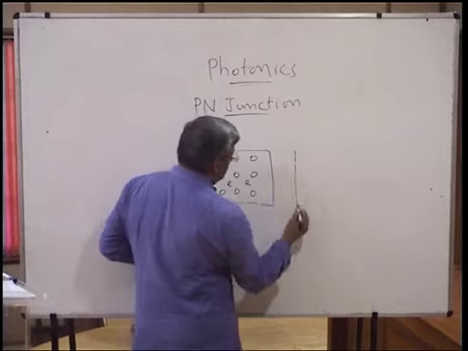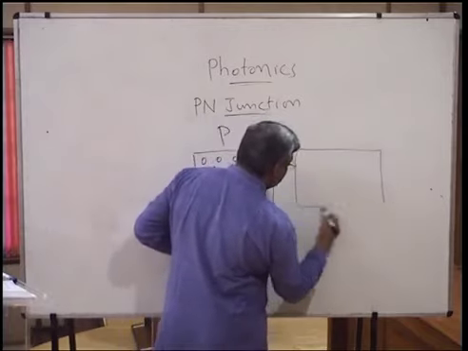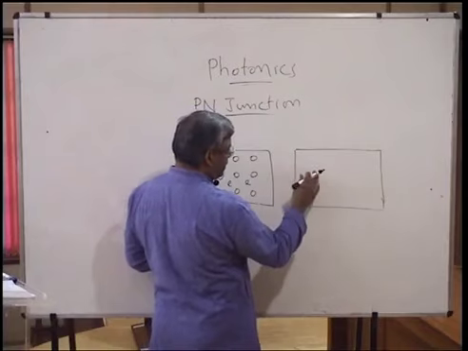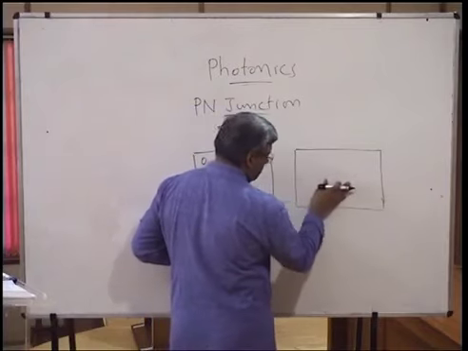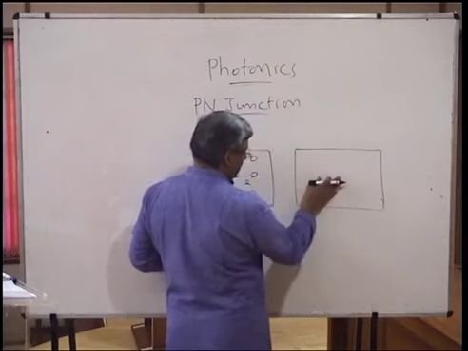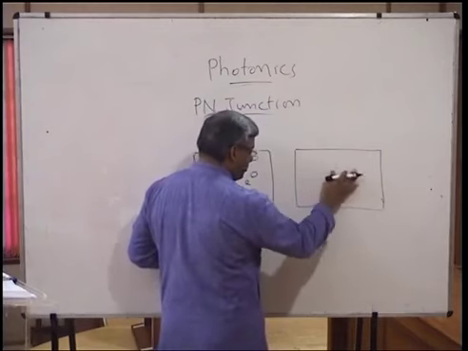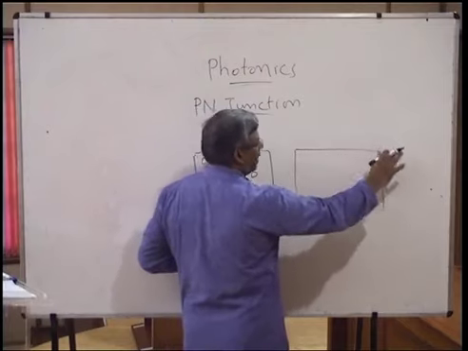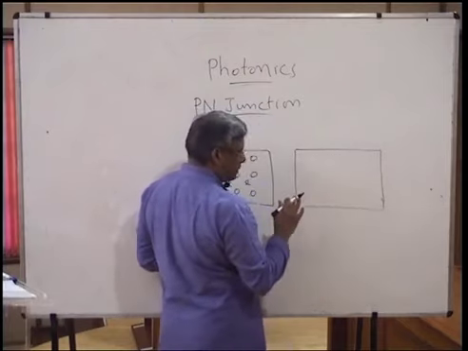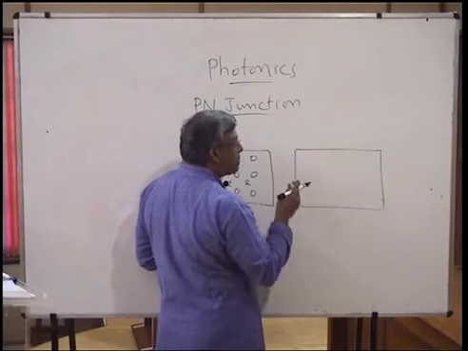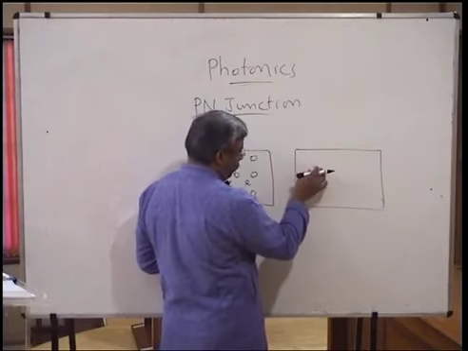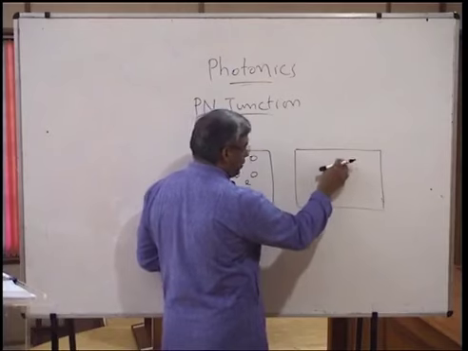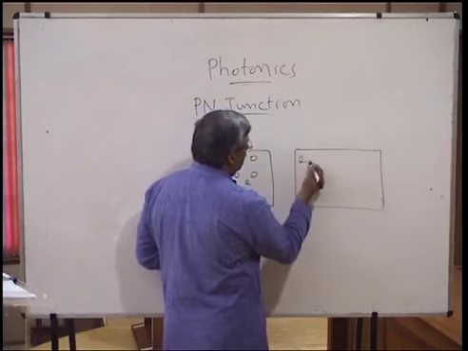Now we can also create an n material in an opposite way. In this case, this intrinsic material, which is already excited and having some charge carriers, is doped with pentavalent materials. Penta means 5, so you have 4 already on the outer shell, 4 plus 5 is 9, so 8 plus 1. One extra electron will be there.